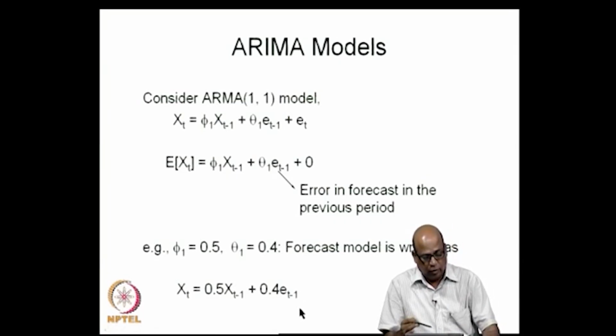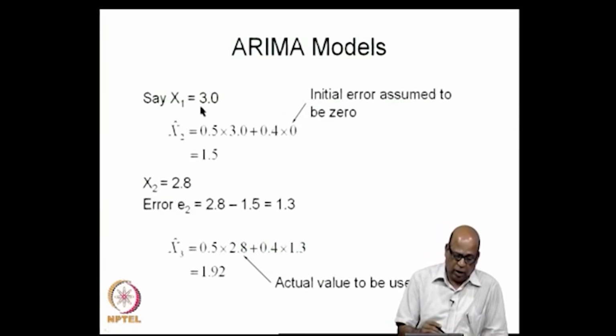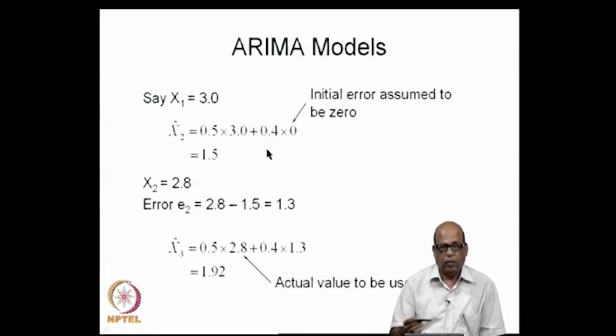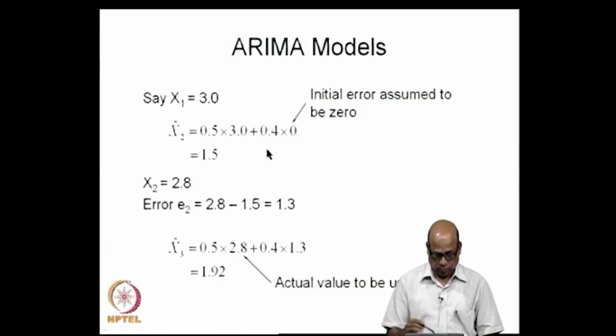For the forecasting, when we are applying it for the validation period, let us say x 1 is equal to 3.0 and I want to forecast the x 2 value. I write it as x 2 cap using that model, which is phi 1, which is 0.5, into x 1, 3.0, plus theta 1, 0.4, and E t minus 1, which is 0. So, that will be equal to 1.5. Now, look at what we do for the second value.